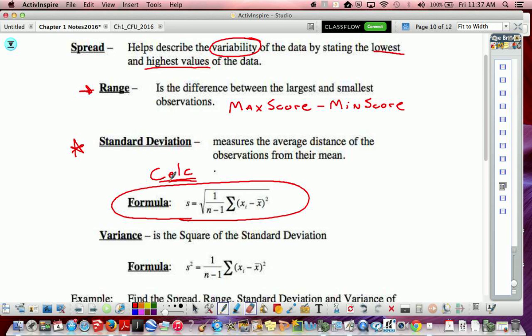So instead of dividing it by 5, we're going to divide it by 5 minus 1, which is 4. Let's go 17.2 divided by 4. What do we get? 4.3. That's our average standard deviation.